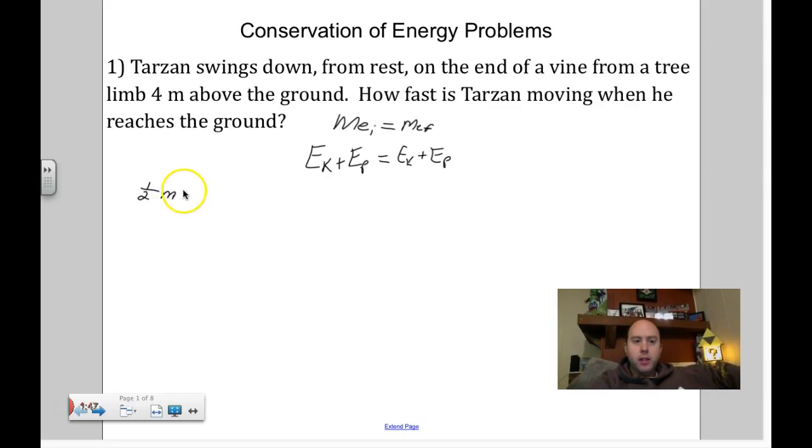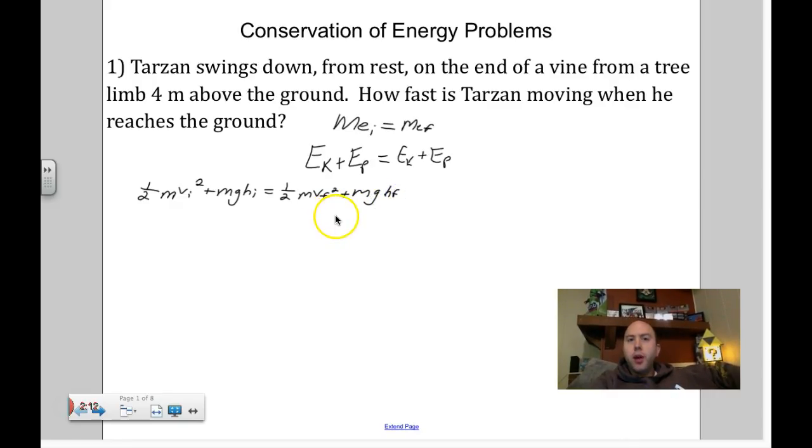I'll have 1/2 times mass times initial velocity squared plus mass times gravity times your initial height. That's going to equal 1/2 times mass times final velocity squared plus mass times gravity times your final height.